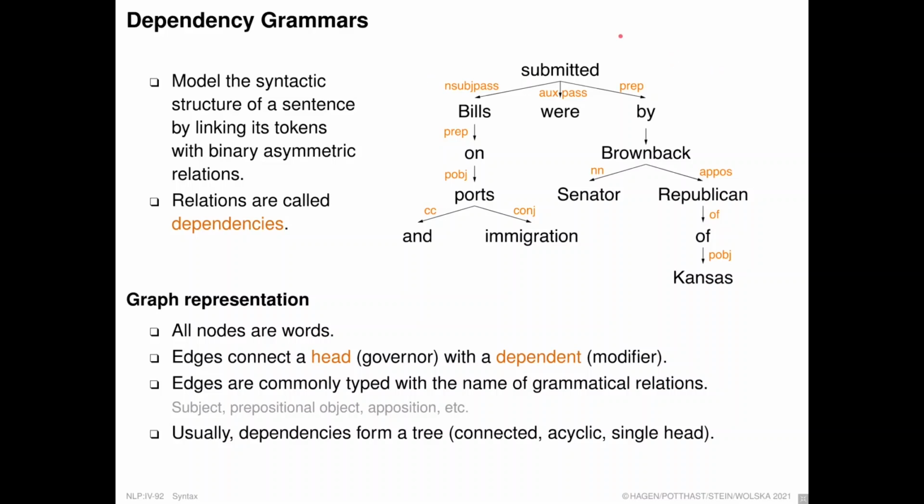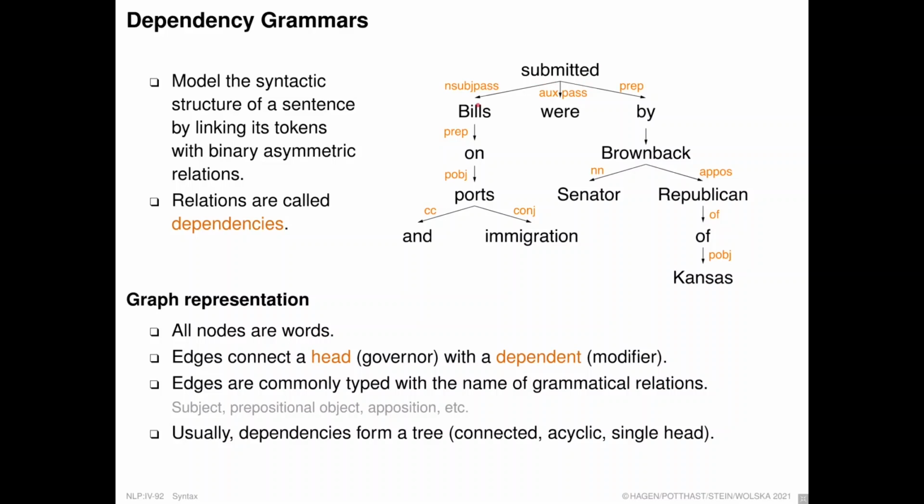So here you have an example of such a graph representation of a sentence that builds on parts on immigration were submitted by Senator Brownback, Republican of Kansas. So as you see, each node represents a word. The higher node is usually referred to as the head.